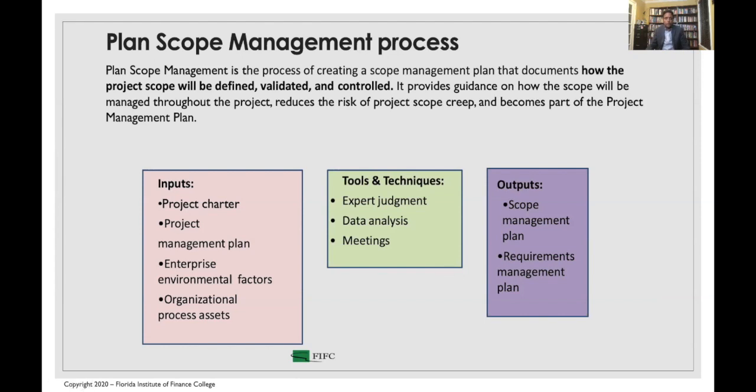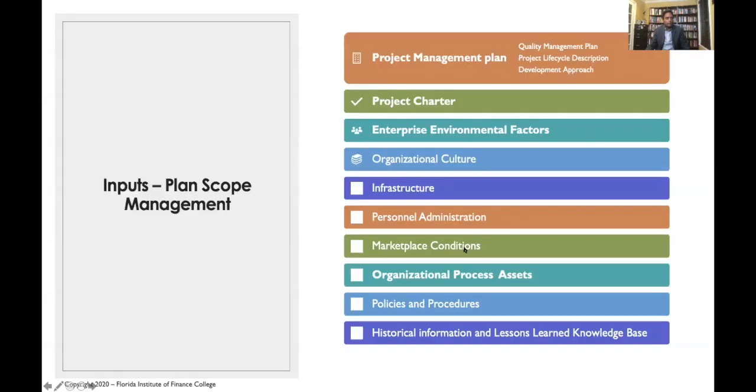Okay, so now what are the inputs for that plan? We talked about the project management plan, the charter, the enterprise environmental factors, and organizational culture, because the culture of the organization will determine what type of project you can pursue.